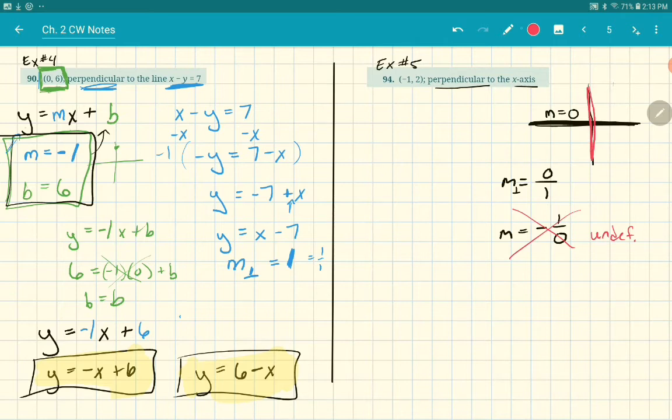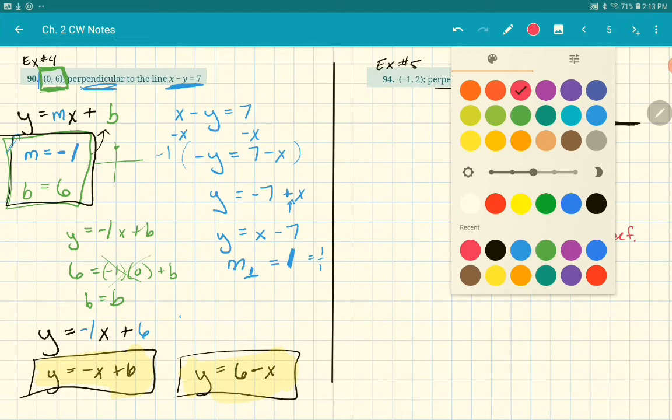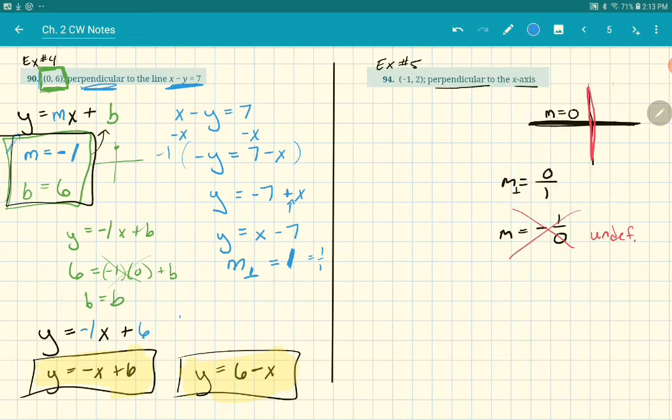So my slope is undefined. M is undefined, and that means my line is actually going to be in the form of x equals something.